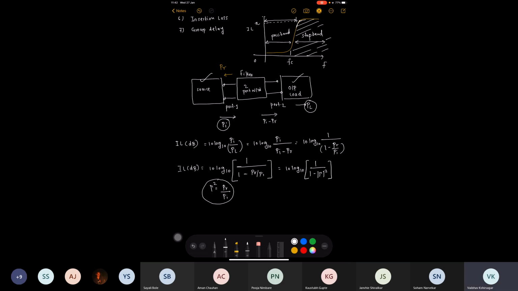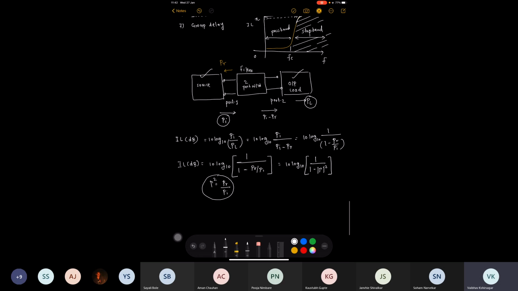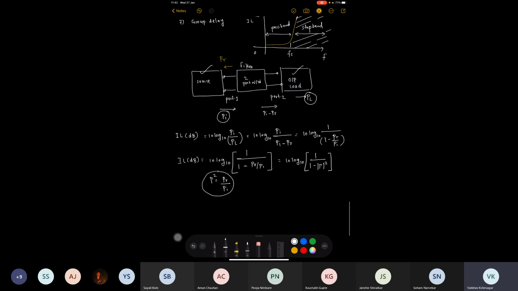The insertion loss is always defined as the loss that the filter circuit is going to accomplish when it gets inserted in between source and load. Remember, insertion loss is a very important parameter, and it can be calculated once we know the reflection coefficient. Going further to the next definition of return loss.